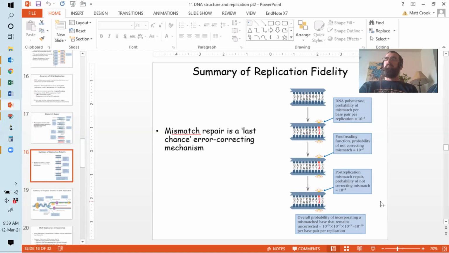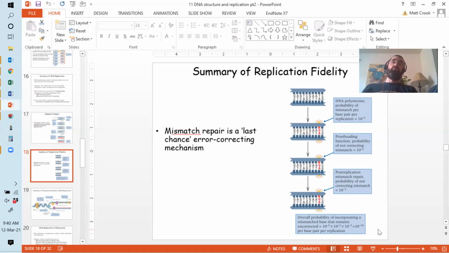And then mismatch repair gets you another, not threefold, 10 to the 3 essentially improvement in accuracy. And all told, that's between 1 in a billion and 1 in 10 billion bases per every error, right?